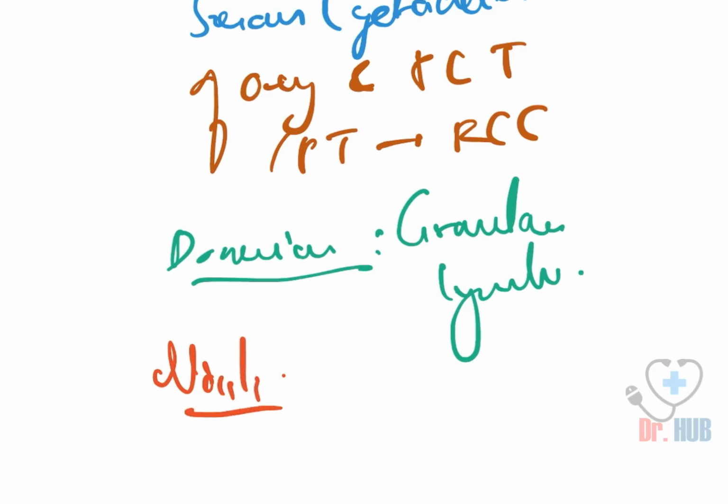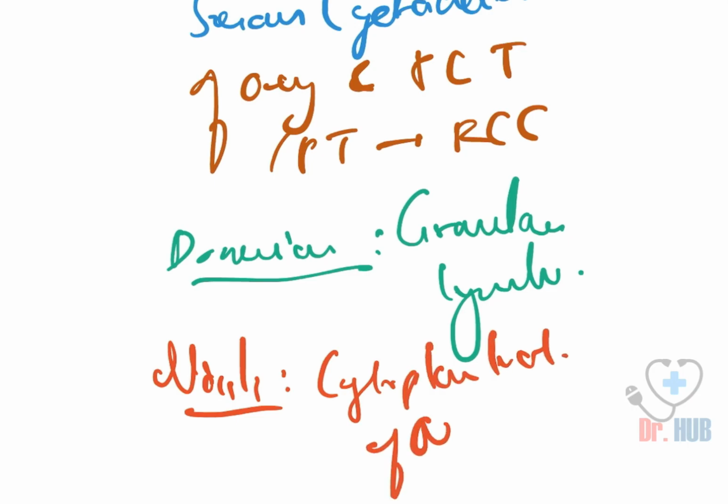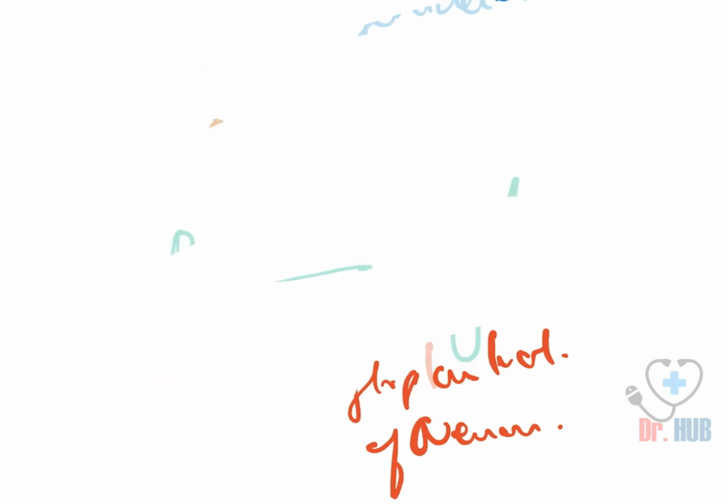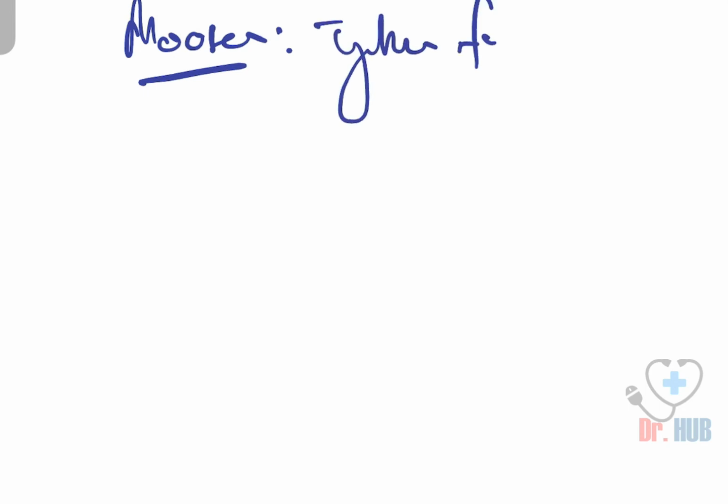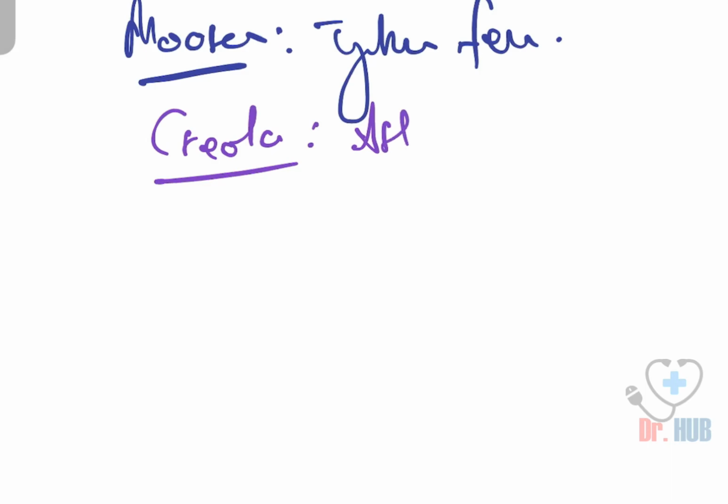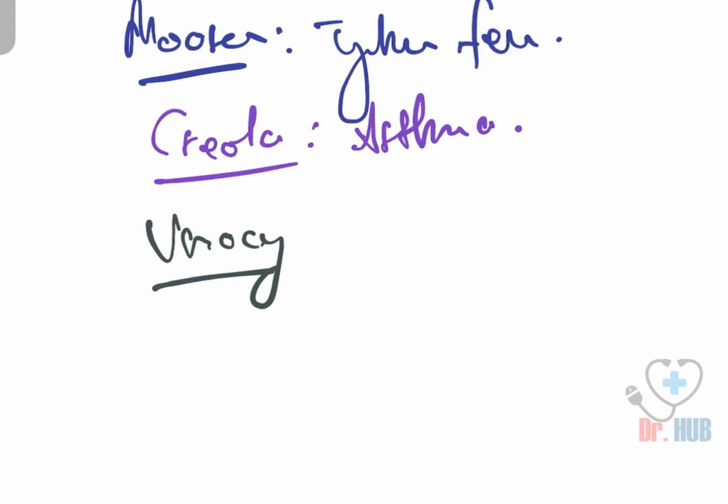Next, looking at the Nissl granules. The Nissl bodies are seen as cytoplasmic inclusions of the neurons. Then looking at Mooser bodies. The Mooser bodies are seen in case of typhus fever. And looking at the Curschmann bodies, Curschmann is seen in case of asthma. Then the Verocay bodies.